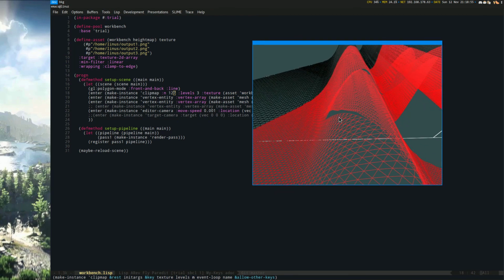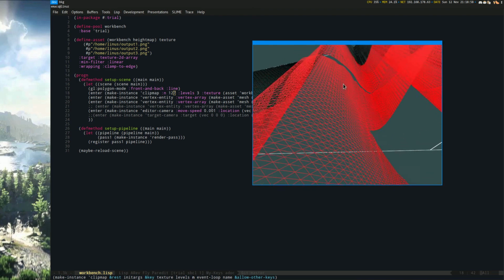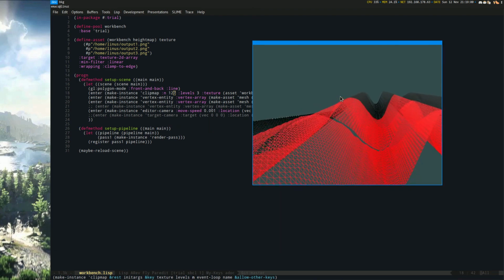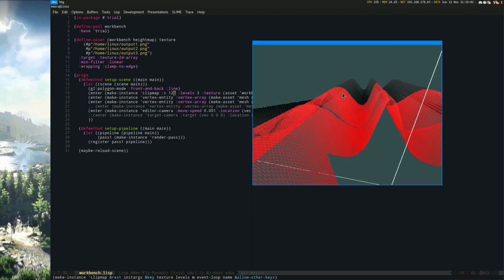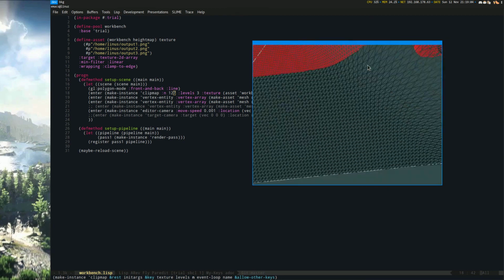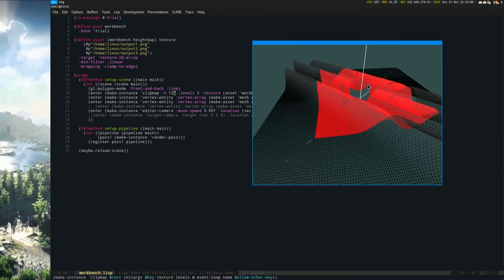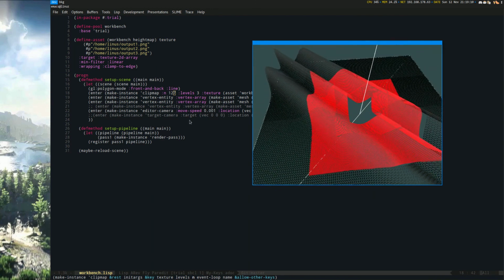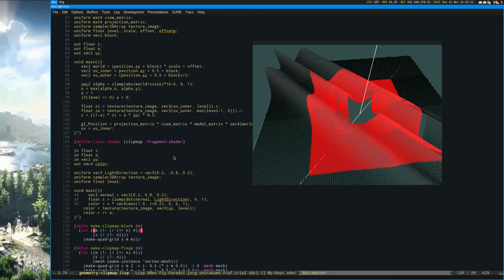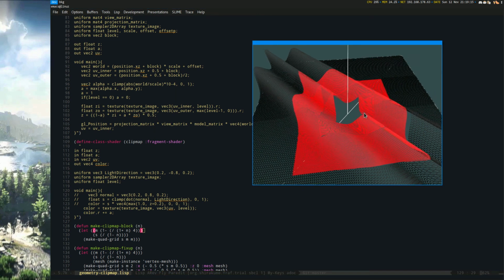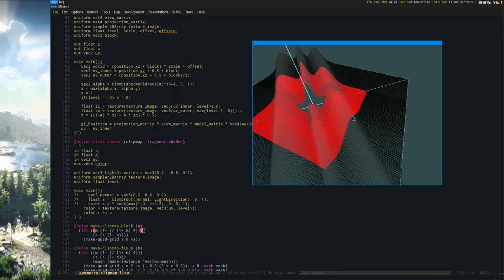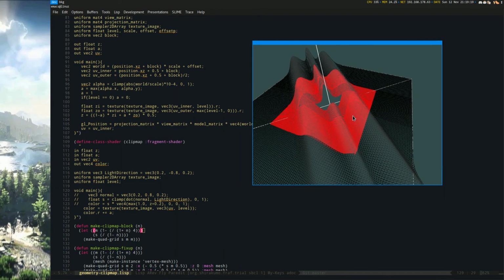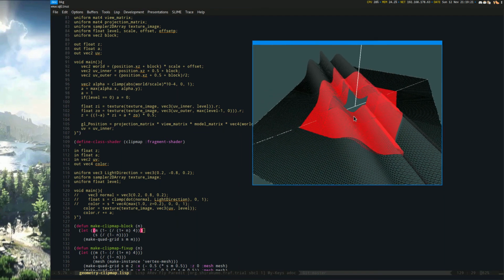Or what the hell is up with this? That doesn't make any sense either. Nothing makes any sense at all. Okay, so right now, all the heights come from the exact same map.